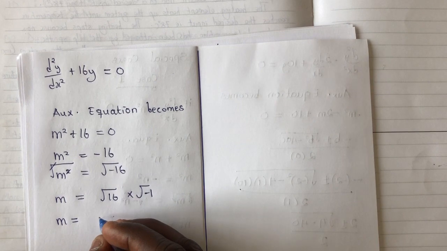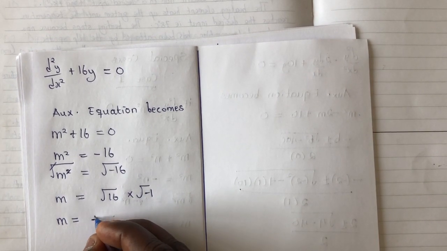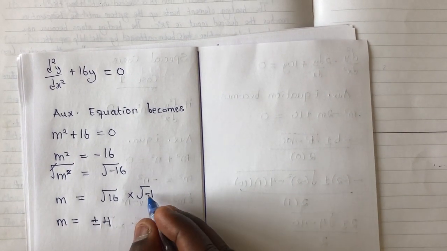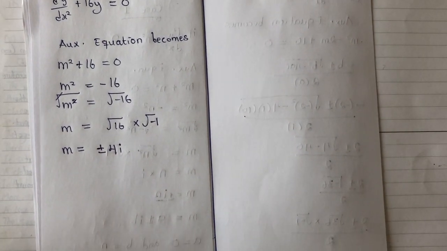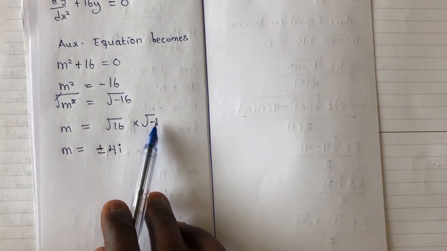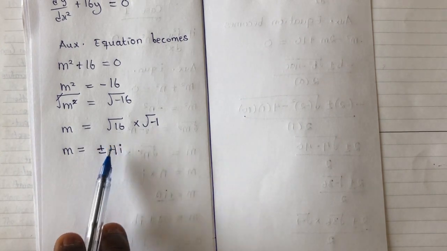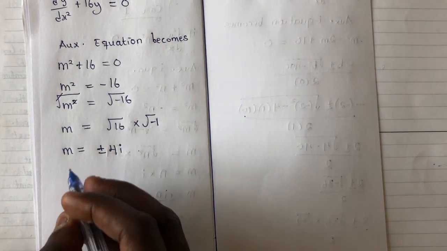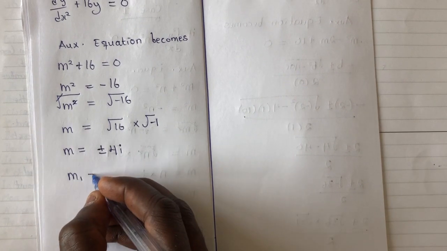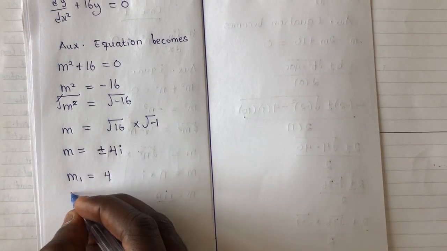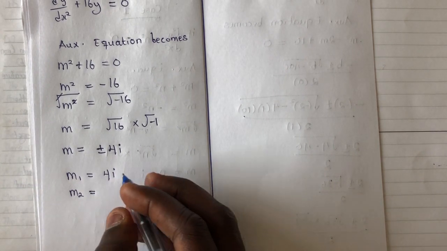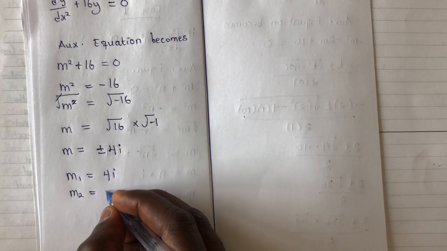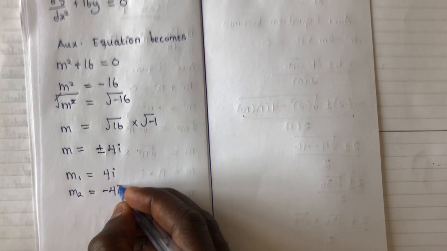m equals plus or minus 4, and this one is what? i. Don't forget, root of negative 1 is i, and it is multiplying the root of 16. So m1 equals 4i, m2 equals negative 4i.